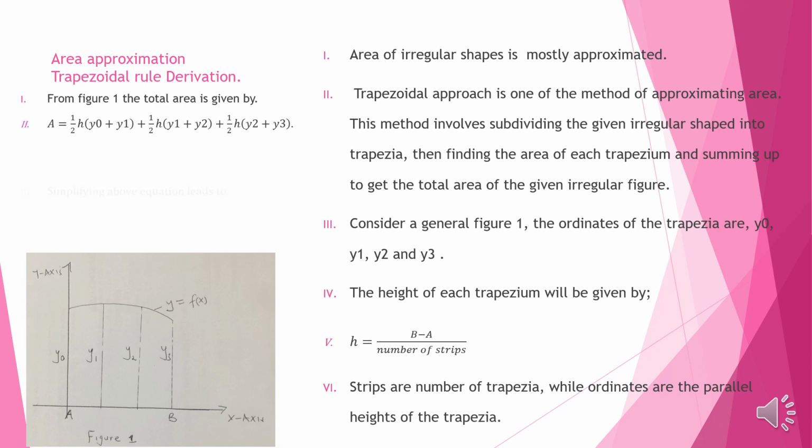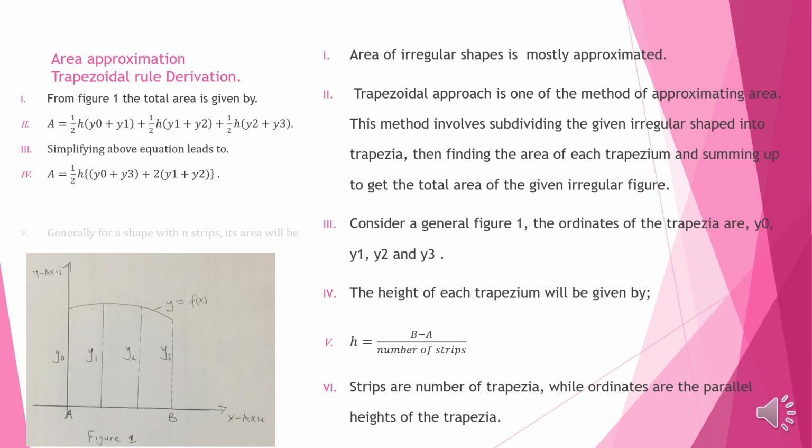By so doing, you realize that a half h is appearing in all cases, and therefore we can simplify the above equations by factoring out a half h and remaining with (y0 + y3) plus 2 times (y1 + y2), and so on like that.